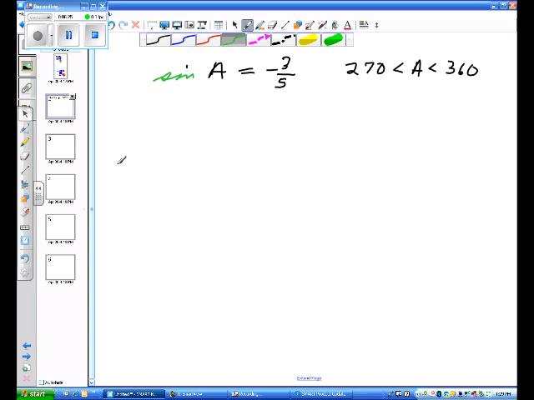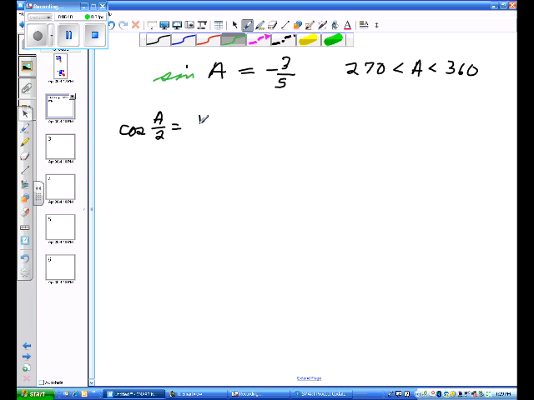Okay, what we want to find is the cosine of half of A. We have some angle that we know the sine for it. We don't necessarily know the angle, and now we want the cosine of half of that angle.